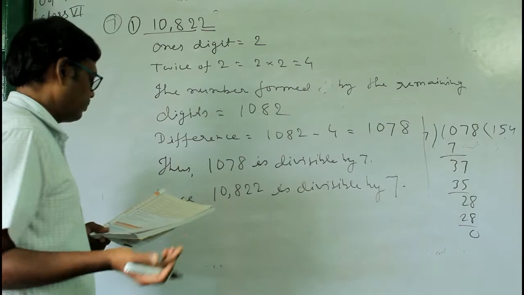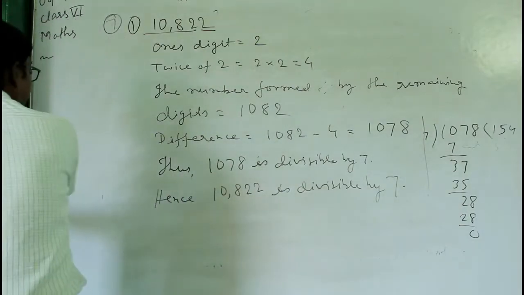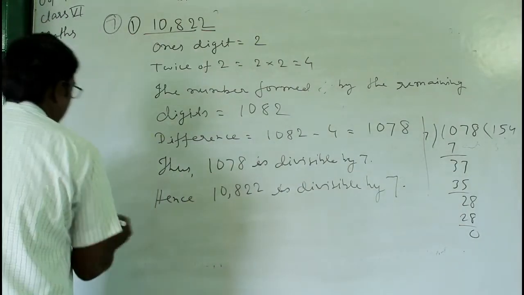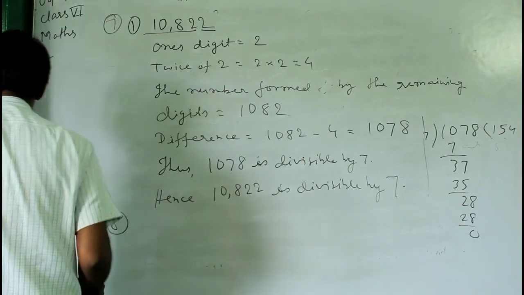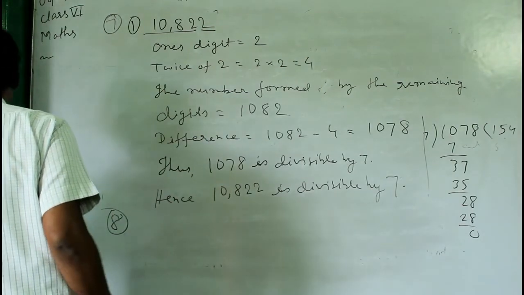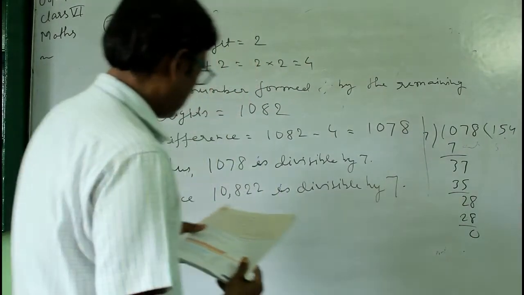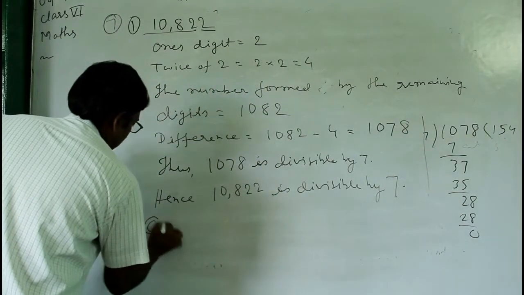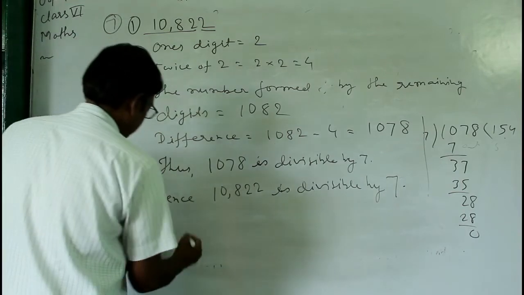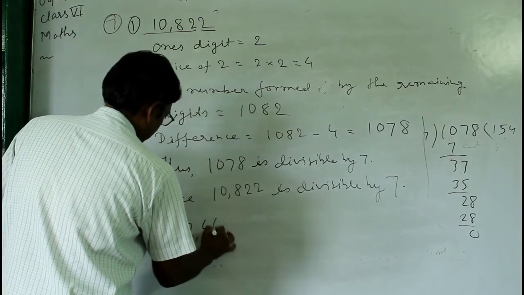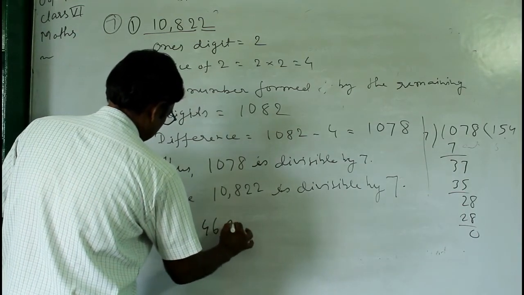Now question number 8. In question number 8, we have to test whether the given number is divisible by 11 or not. So here take the question number C. In this the number is 2,46,928.